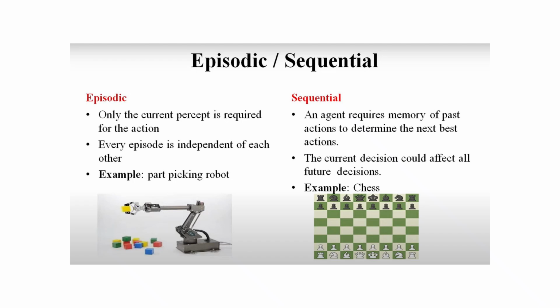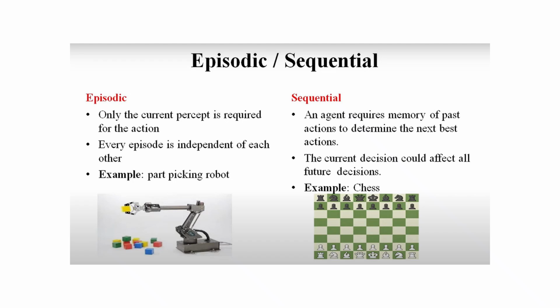Navigation of a robot: whenever we give the instruction, the robot moves according to the scenario. An automatic vacuum cleaner is a good example, where the past action determines the next action.